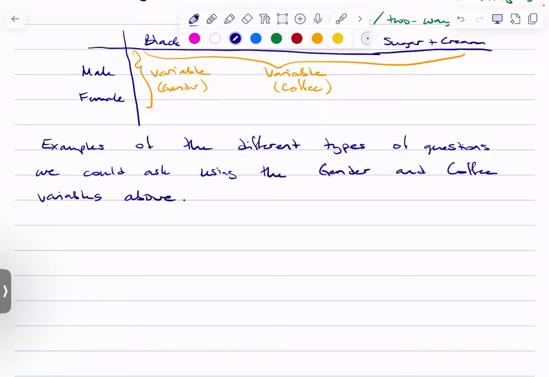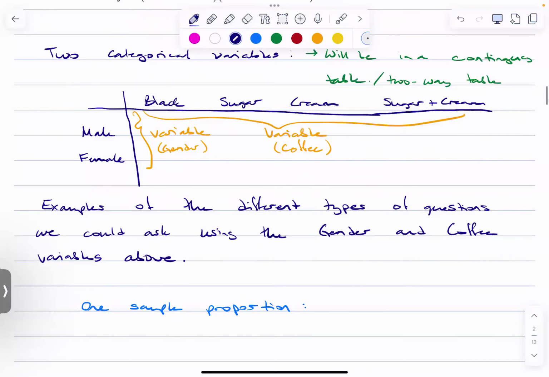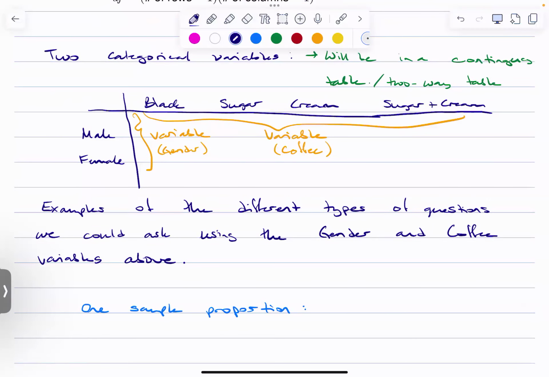One sample proportion. We'll start with a one sample proportion type of question. It could be something like, do more than 50% of people take their coffee black? Or let's say, does a majority? For the one sample proportion, they love using the majority, which implies more than 50%.